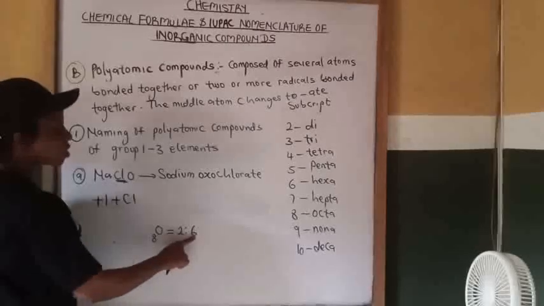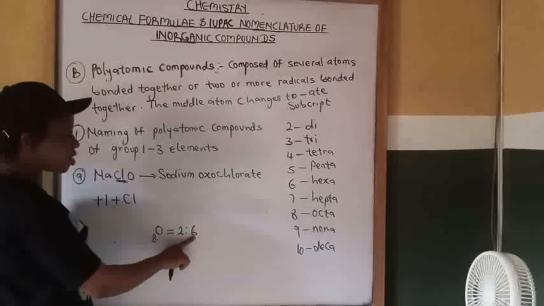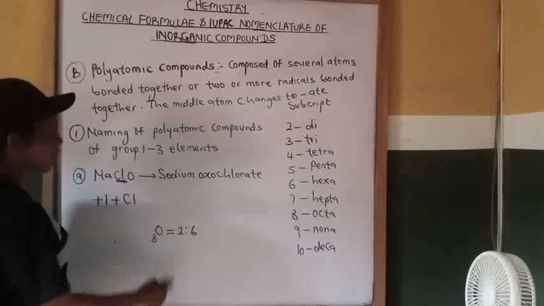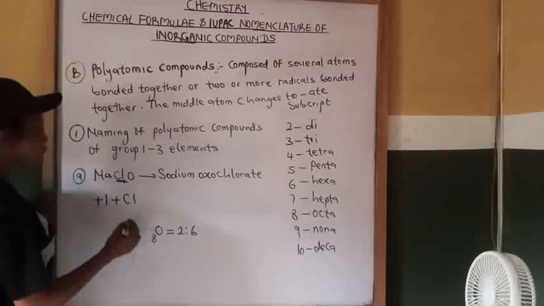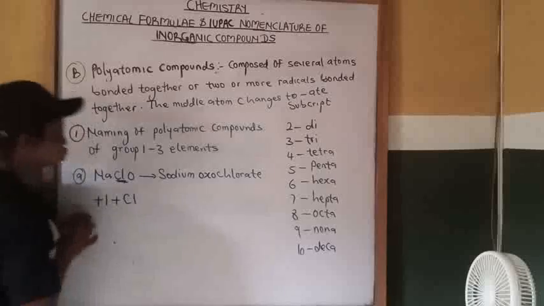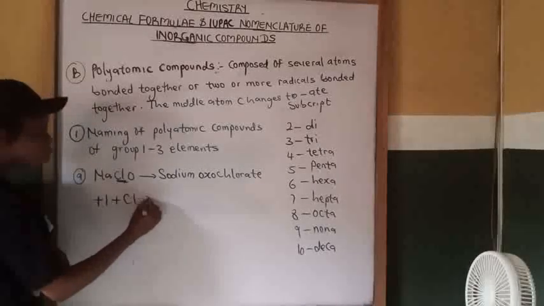But it needs 2 electrons to balance the octet structure, the outermost shell electron. Therefore, the charge on oxygen is -2.